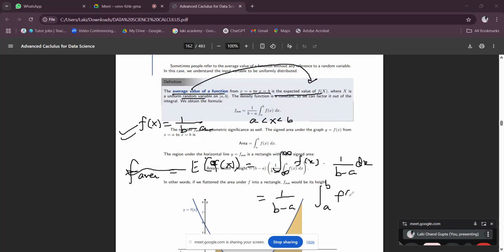This f(x) is not the same as the PDF. Let's suppose this is g(x). This makes sense. E of f(x) is called f average. If I ask you what is the average value of a function of a uniform random variable, you can say it is the expected value of f(x).